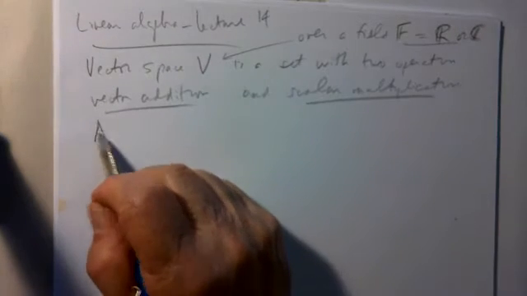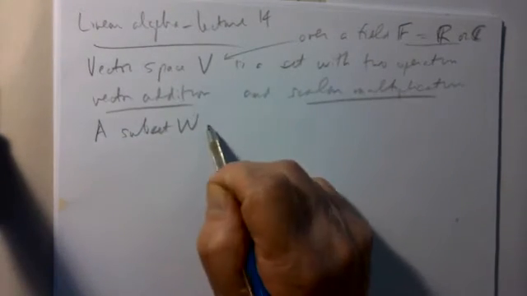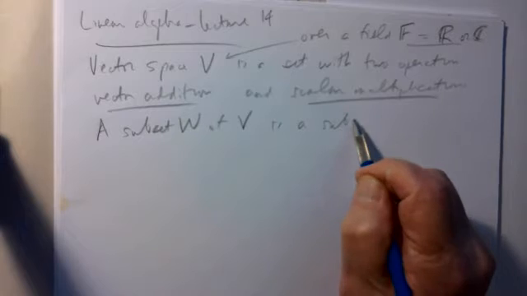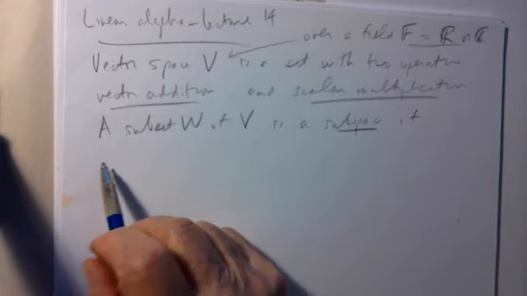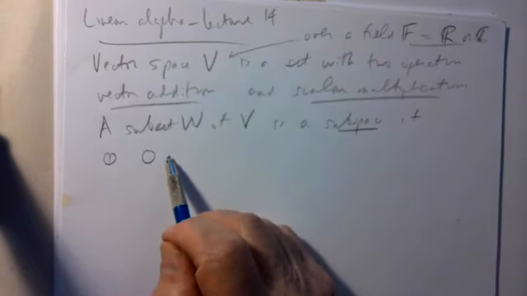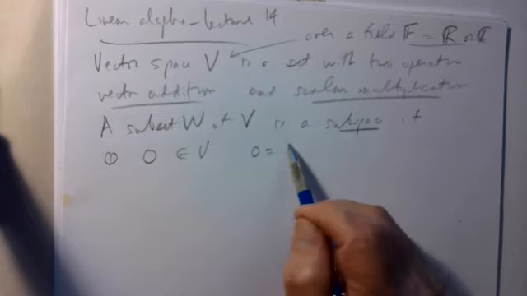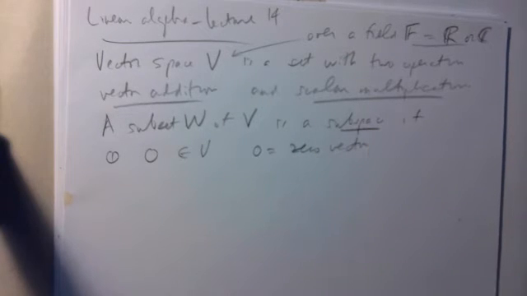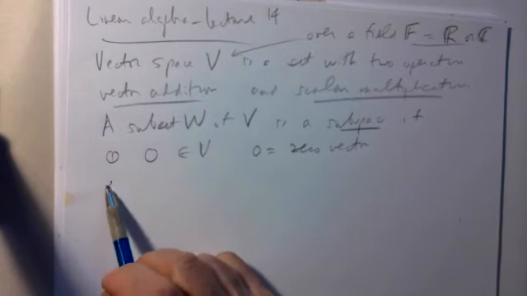And a subset W of V is a subspace, a vector subspace, if it satisfies three conditions. The zero vector is in W, that's the vector that no matter what vector you add it to, it doesn't change the vector, just like the number zero.